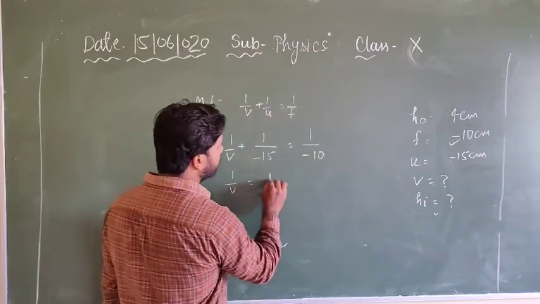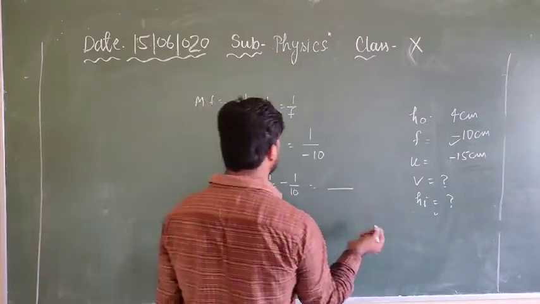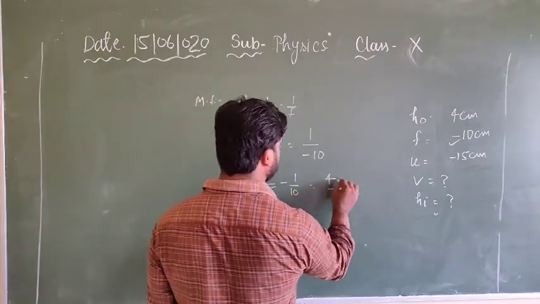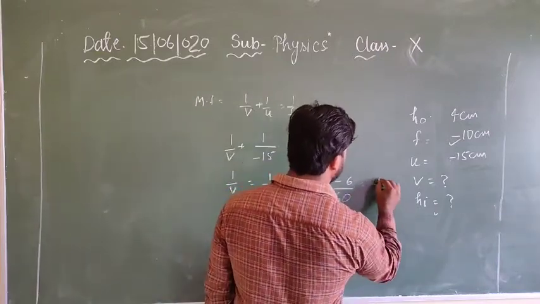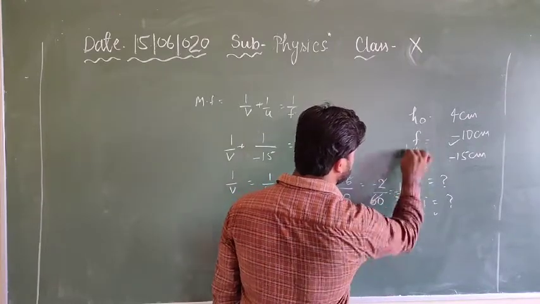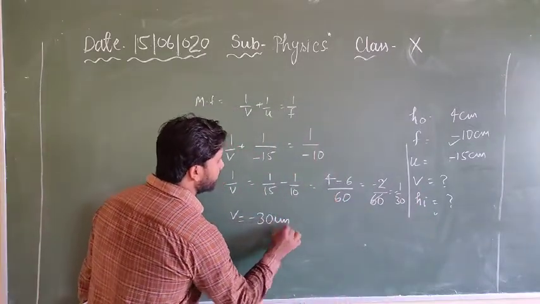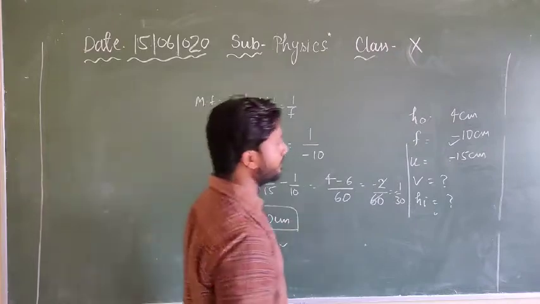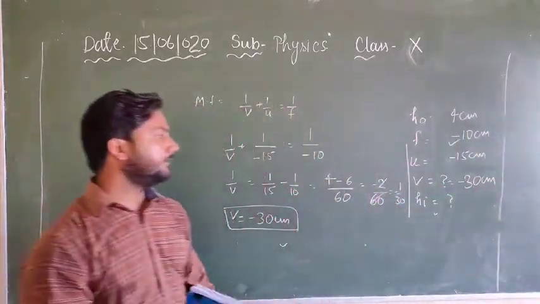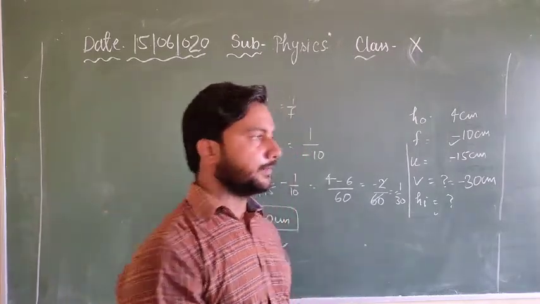So 1 upon V equal to 1 upon 15 minus 1 upon 10, and this is minus 1 upon 30. So we have found the value of V, and that is equal to minus 30 centimeter.